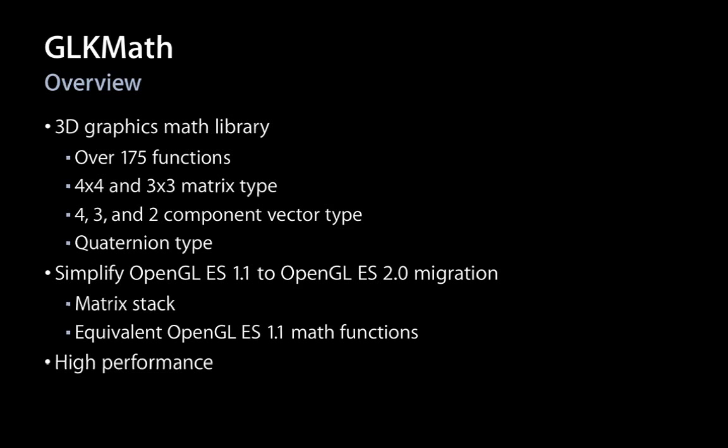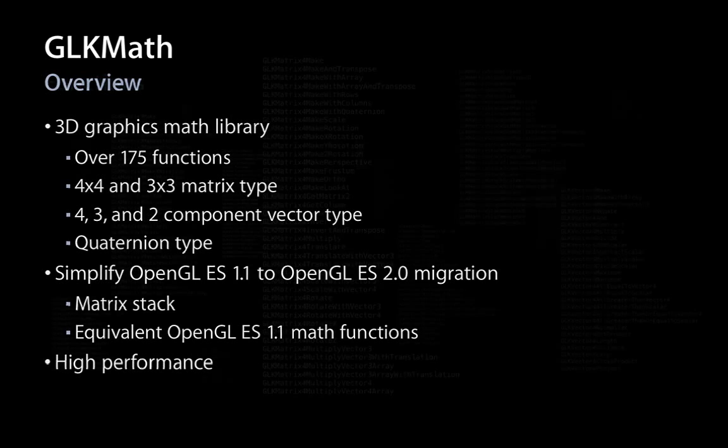You have a lot of code that already deals with ES1.1 matrix stacks and such. So we also added matrix stack functionality, so that your port would be almost one-to-one, with all the equivalent ES1.1 math functions. And we try to make it as high performance as possible, so functions are inline where possible, and we make use of all of the great hardware in our devices.